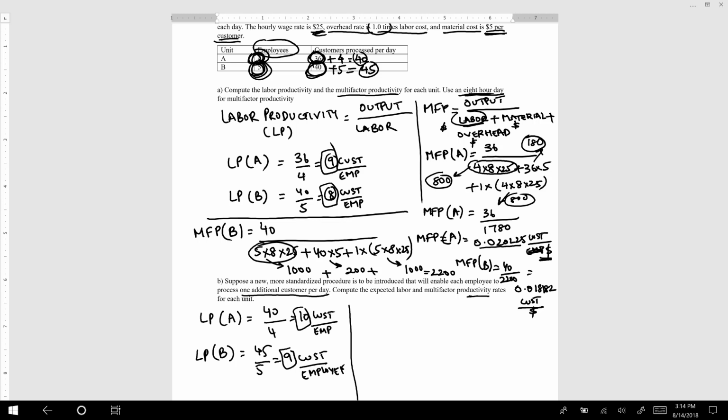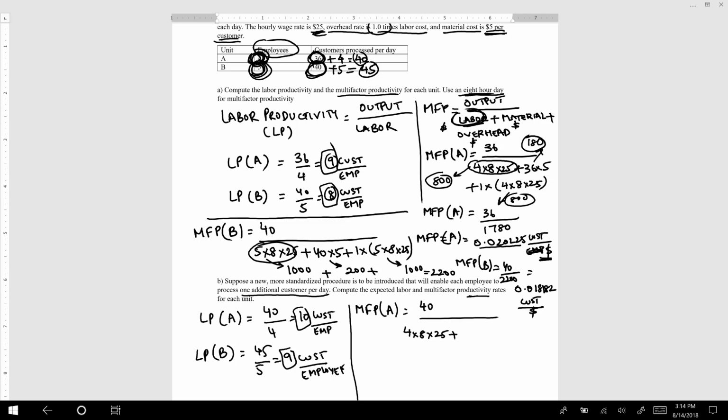So multi-factor productivity for unit A, again the output has changed, so the new output would be 40 divided by the labor. Labor would remain the same because we still have 4 employees working 8 hours at a rate of 25.